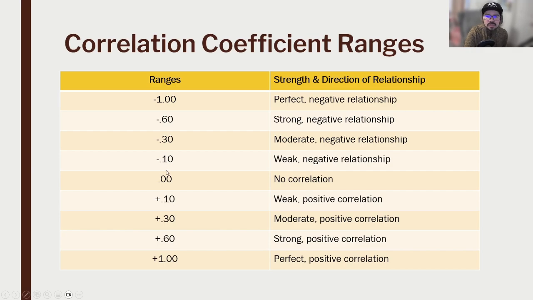Notice that around -0.1, we have a weak negative relationship. Getting closer to -0.3, we have a moderate negative relationship. -0.6 is strong. And as I mentioned, -1 is possible, though it is rare, for a perfect negative relationship. And then moving in the direction of the positive values, we have weak positive, moderate, strong, and perfect.